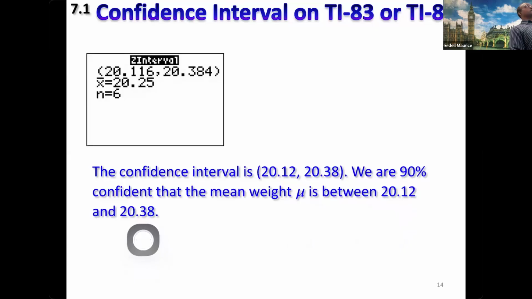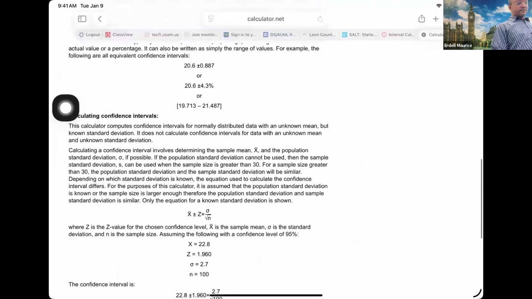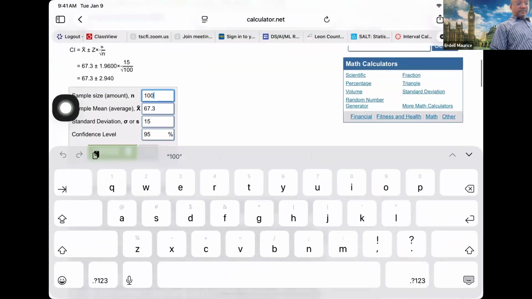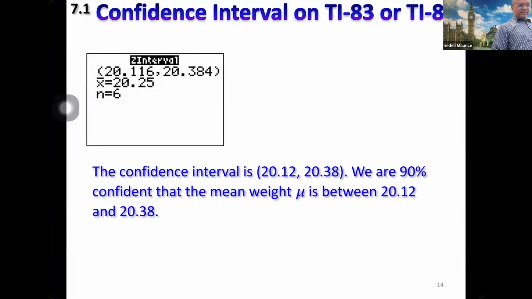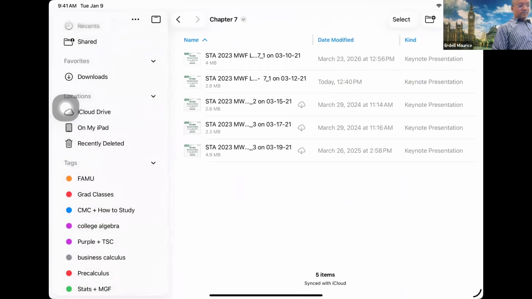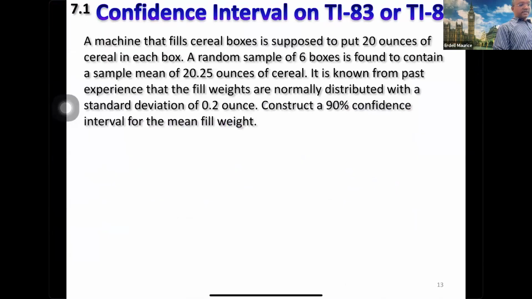Questions there? Again, you don't have this calculator right here, so the way you do it is you come here and put in that there are 6 boxes. And then the sample mean was, I forgot already, 20 point... Go back one slide. The mean was 20.25.